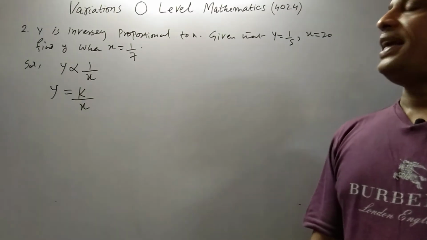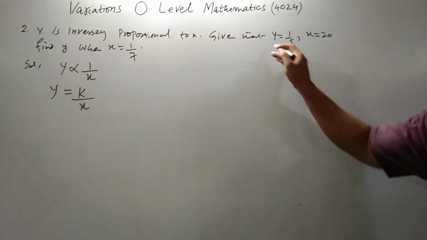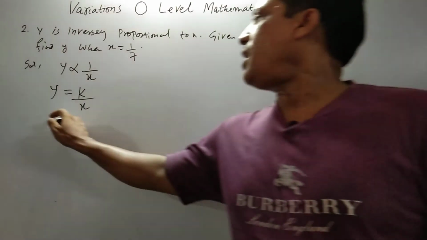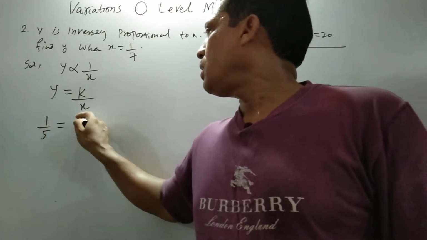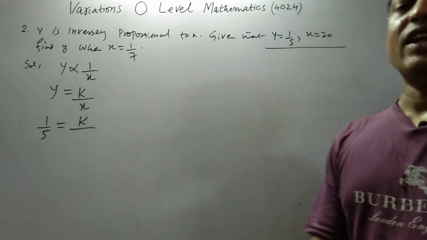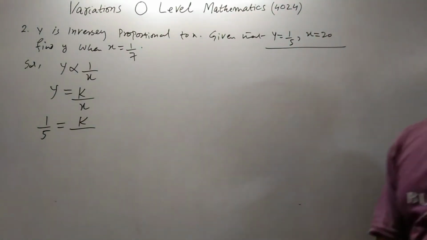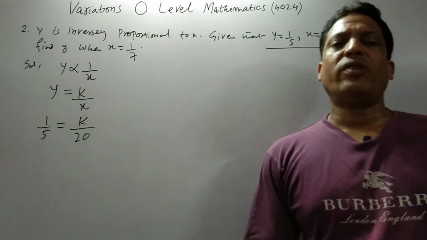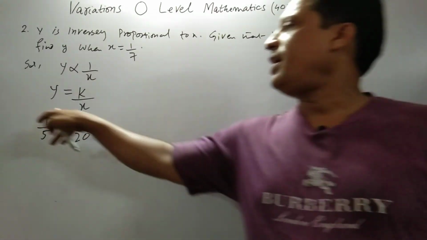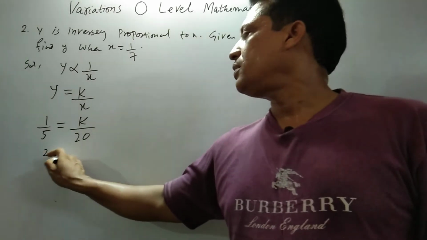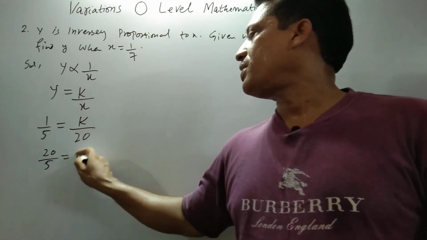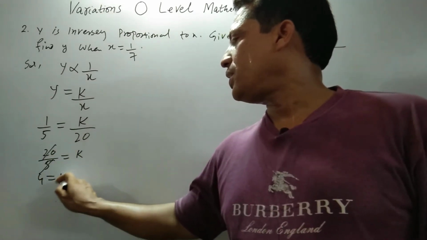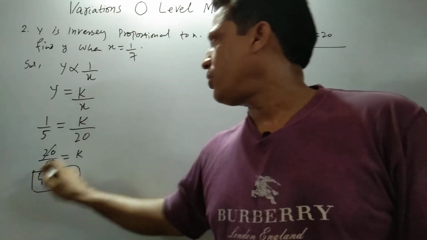Now find the value of k by using these first two values. y is given as 1 upon 5, x is given as 20. This 20 is divided over here, so it should multiply by 1. 20 ones are 20. 20 upon 5 is equal to k. 5 fours are 20. So the value of k is 4.